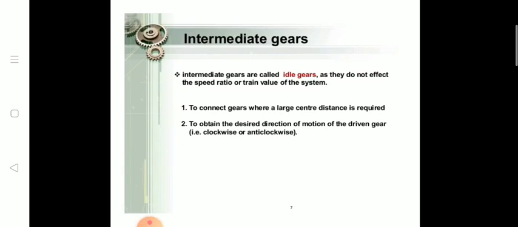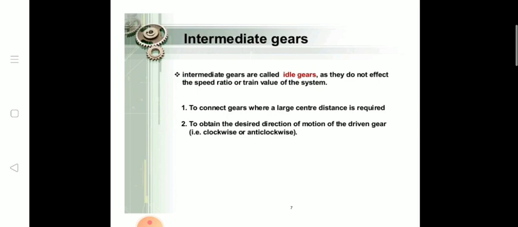Now, intermediate gears are called idler gears as they do not affect the speed ratio or train value of the system, right? Why do they not affect the train value or the speed ratio? Because if you evaluate the speed ratio or the train value of the gear train, you have to take the initial speed of the driver gear and the last speed of the last driven gear.